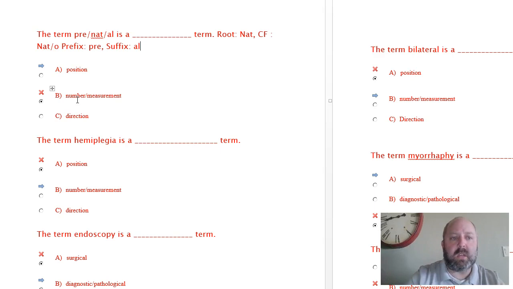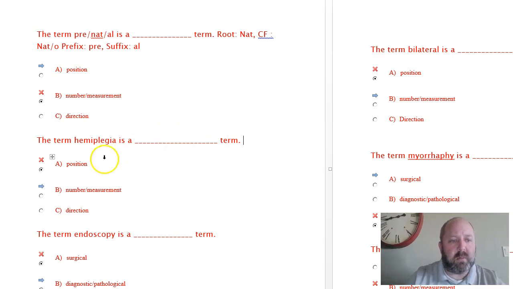We're talking about a time before birth, basically, the prenatal time, the time before. If you break this down, it helps you to understand that, and that's what you need to do with all of these. So this is a positional word for those of you who missed it.